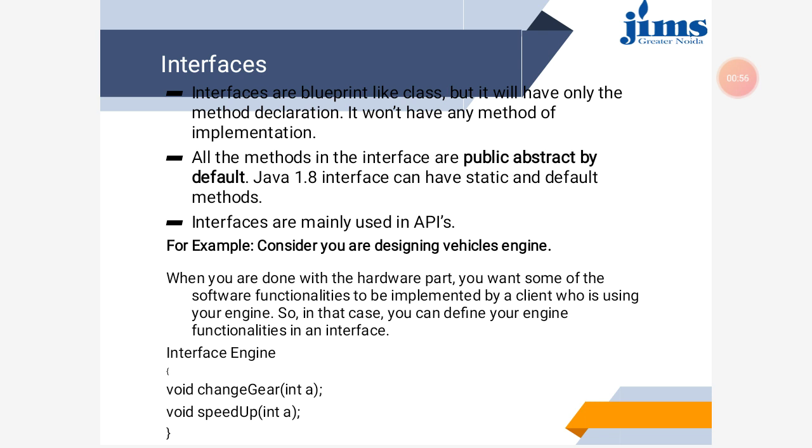As we know, classes are blueprint and logical entities. Similarly, interfaces are also a blueprint and it contains only abstract methods. Means interfaces will contain only those things which are only declared, not defined.